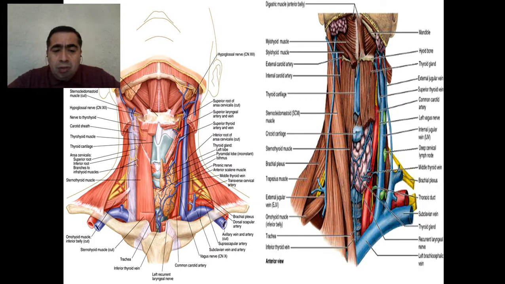It is understandable because during our first lecture I explained the common rules of location of the vessels and the nerve trunks in our body, and I noted then that the veins are located more superficially than the arteries.